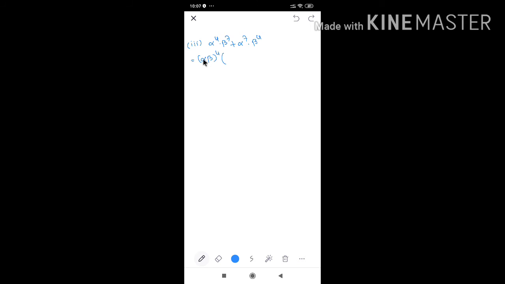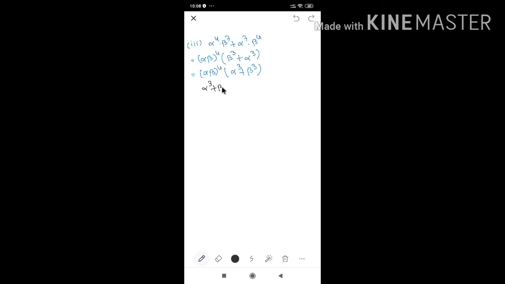Alpha power 4 eliminated, left out value beta cube. Beta power 4 eliminated, left out value alpha cube. So I am writing in order wise alpha beta whole power 4 into alpha cube plus beta cube.